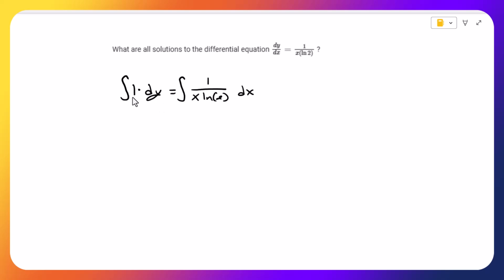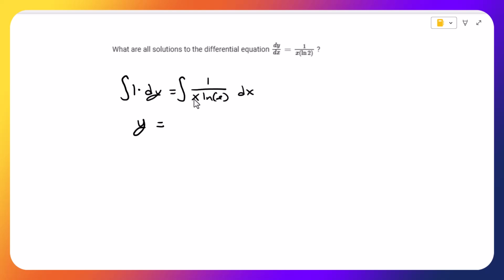And what is the integral of 1? What is the antiderivative of 1 with respect to y? Well, that's just y. And here, this one, the antiderivative, ln of 2 is just a constant. So I can really just pull that out if I wanted to. But the antiderivative of 1 over x is ln of x.